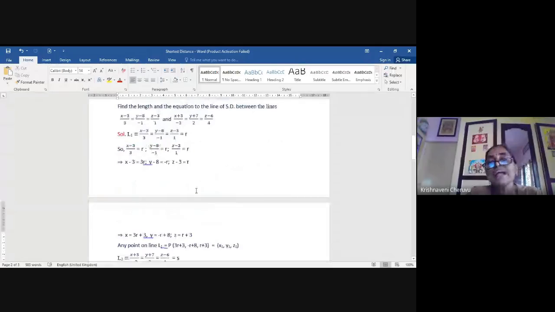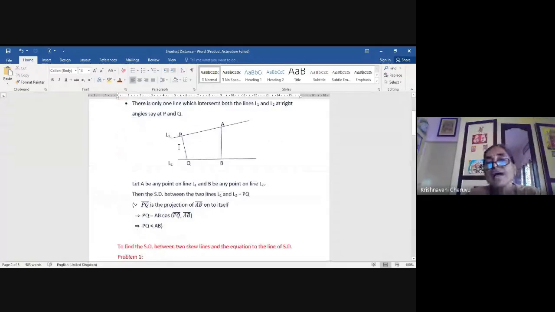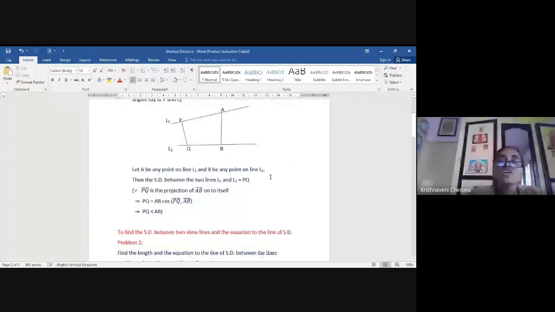What you have to do is find a point P on line L1, find a point Q on L2, and then if PQ is the shortest distance, you use the condition that the line PQ is perpendicular to L1, the line PQ is perpendicular to L2, so that you get two conditions, means two equations. You solve them to get point P and point Q.